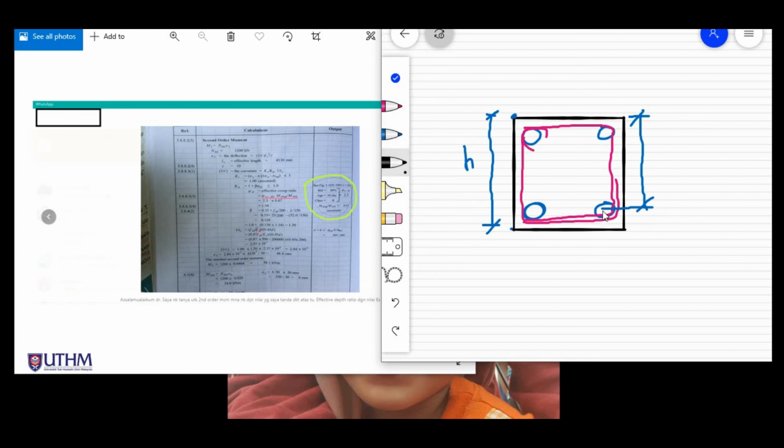This diameter is at the center, so you need h minus half of the main reinforcement diameter divided by 2, minus the shear link here, and minus the c nominal here. And this is how to calculate effective depth for column.